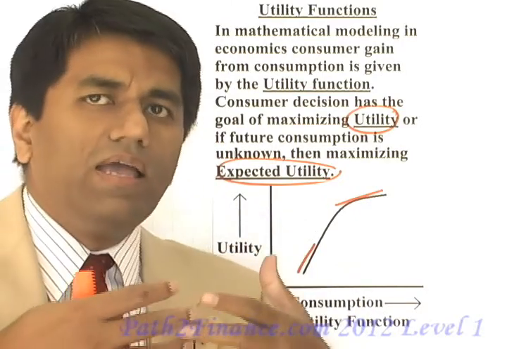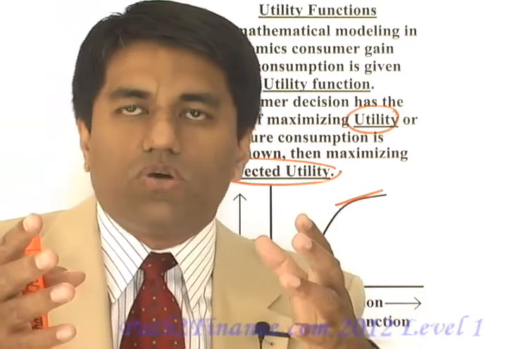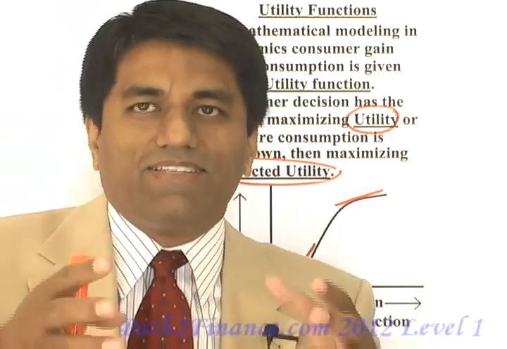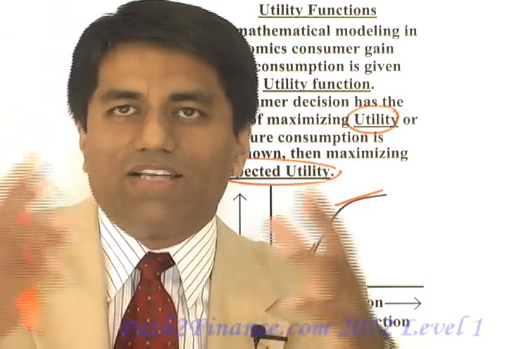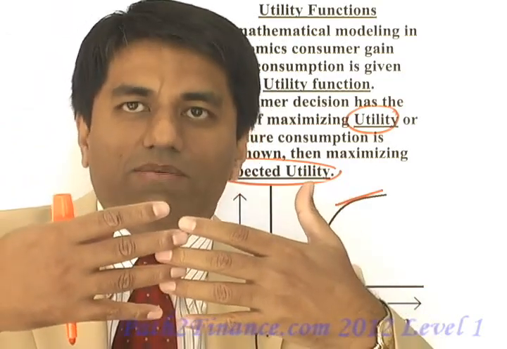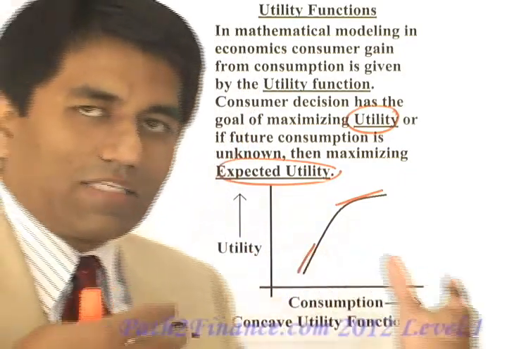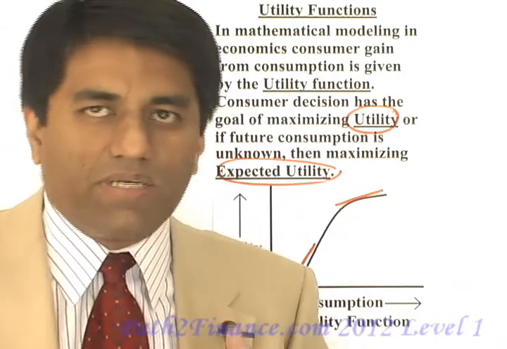So they can have an expected consumption for the future. And of course, all this is subject to a budget constraint. That's the unfortunate thing, that you can't consume as much as you wish. There has to be a certain amount of money that you can spend. So consumers are maximizing utility subject to their budget constraints.